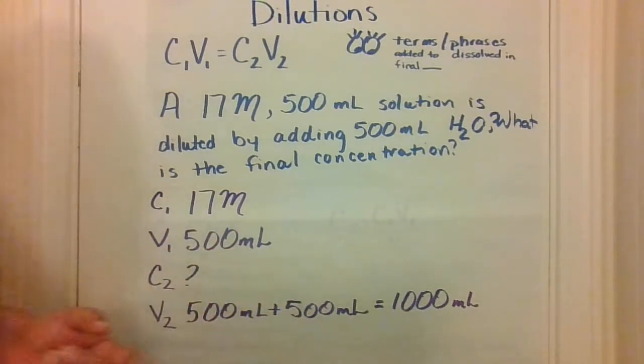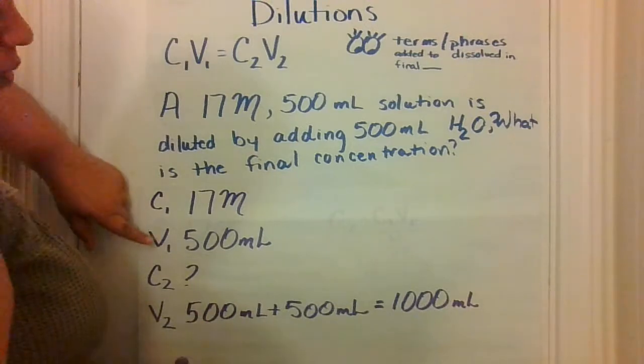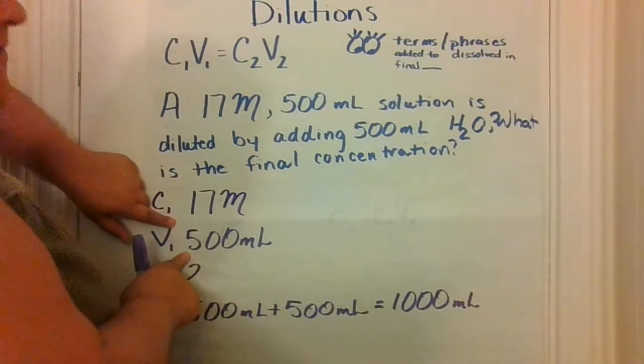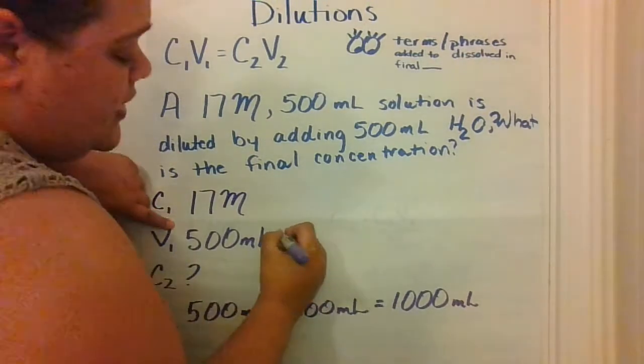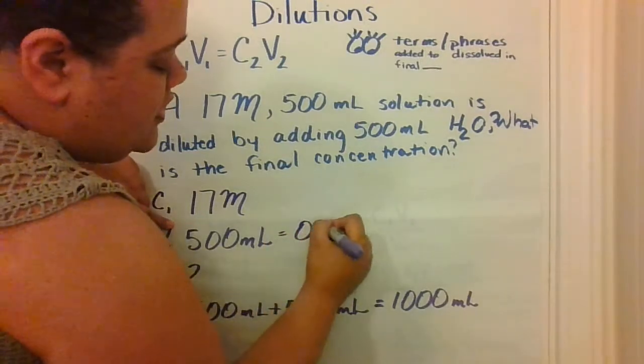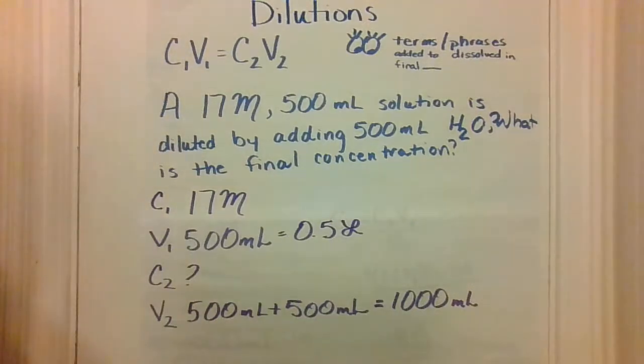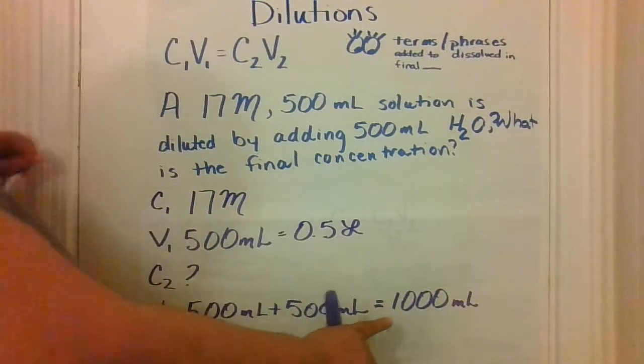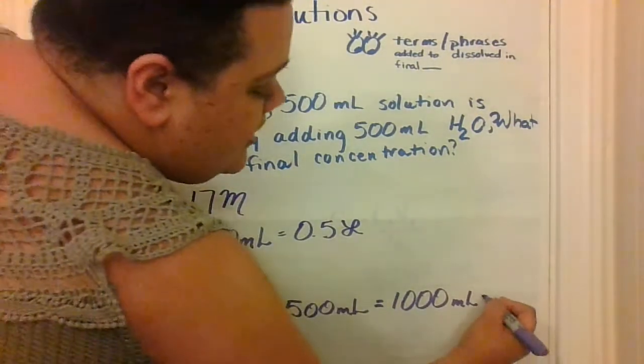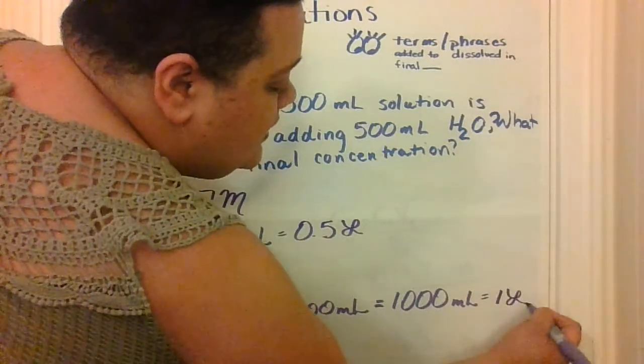So I will tell you, you can have the rule of thumb of changing your milliliters to liters, which is always a great idea. But for the purposes of time and our review, we're going to say that 500 mLs we know is equal to 0.5 liters or half a liter. And then we know 1,000 mLs is equal to 1 liter.